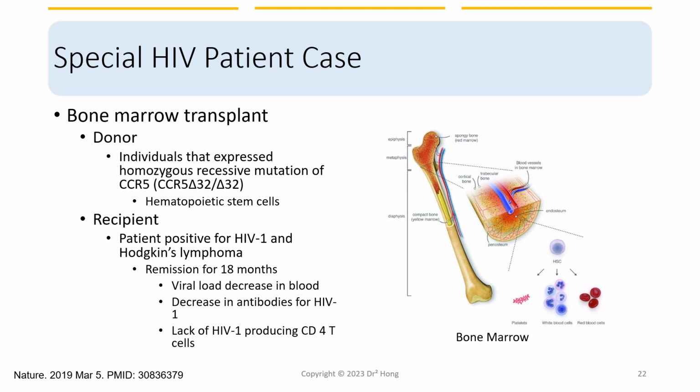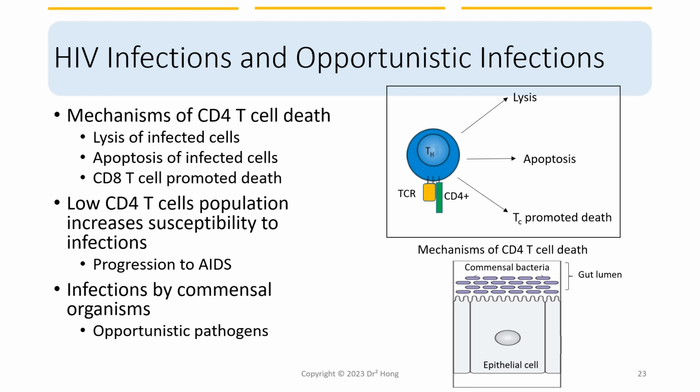One of the biggest challenges with HIV infections is that it can lead to immunodeficiency and deaths from opportunistic infections. CD4 T cell death is a major factor in the progression of HIV to AIDS, and there are several mechanisms by which CD4 T cells can die, including lysis and apoptosis of infected cells, as well as CD8 T cell promoted death.